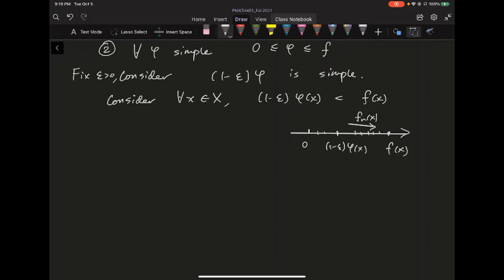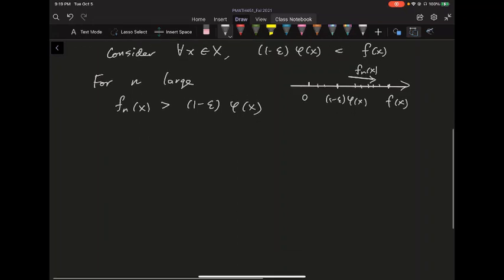So not for all n, but for n large enough, f_n(x) is greater than (1 minus epsilon) φ(x), because f_n is converging to f(x) pointwise.